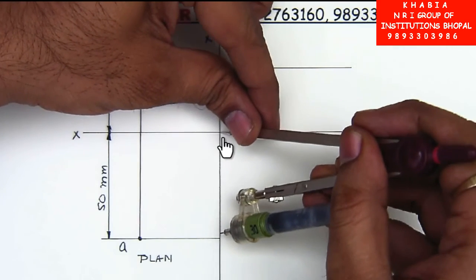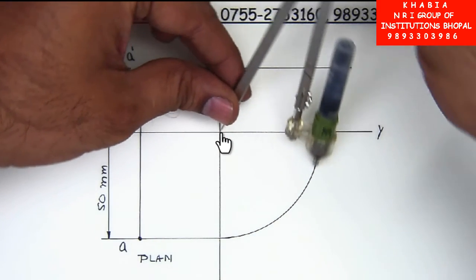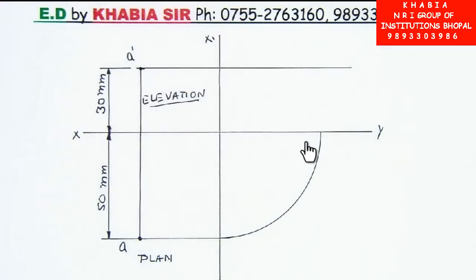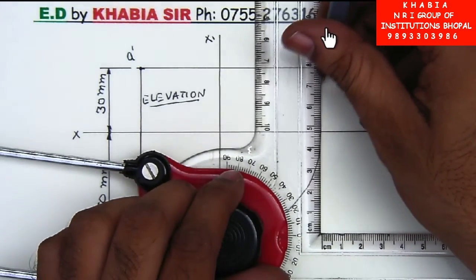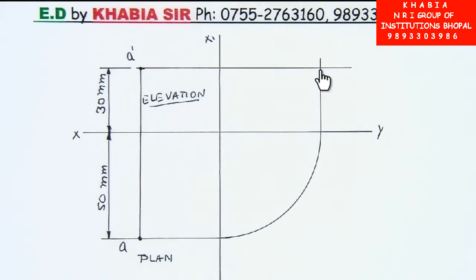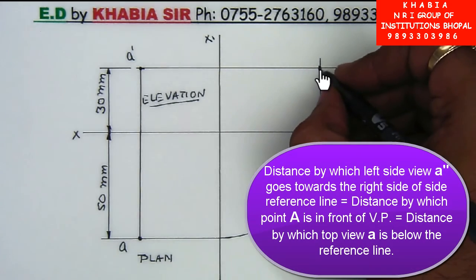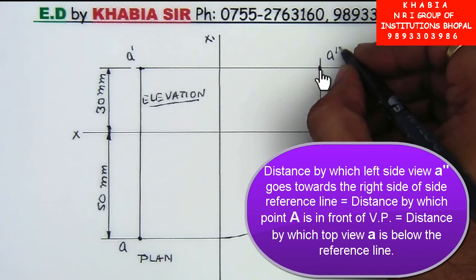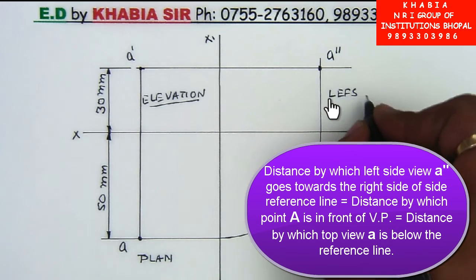Keep the compass pin on the point of intersection of the horizontal reference line and the side reference line and mark a quarter circle like this and then draw a vertical projector. The intersection point is A double dash and this is the side view of the point. More correctly, this is the left side view of the point.